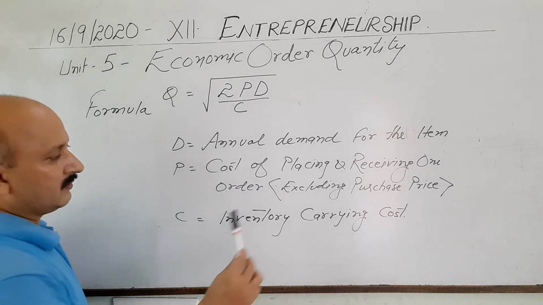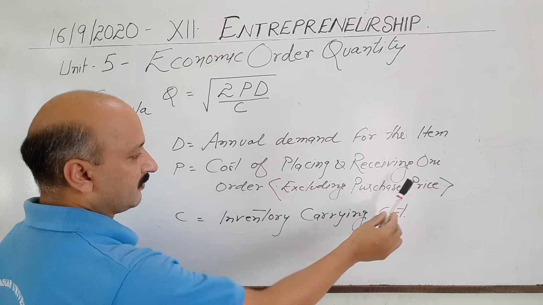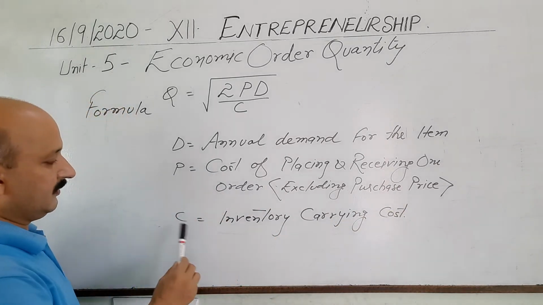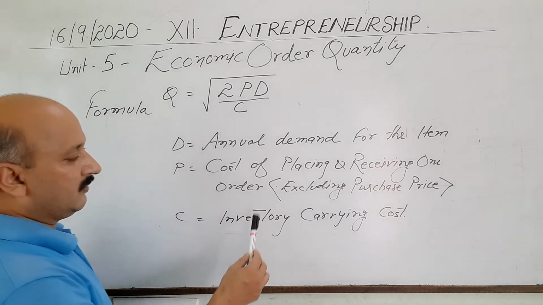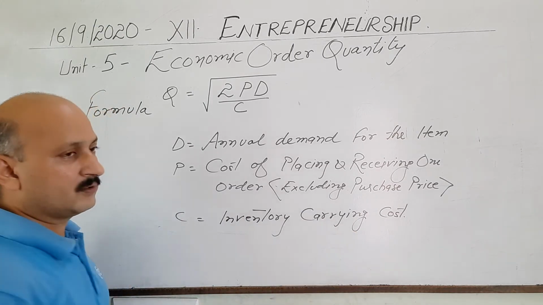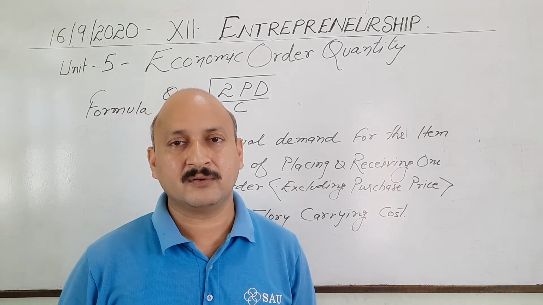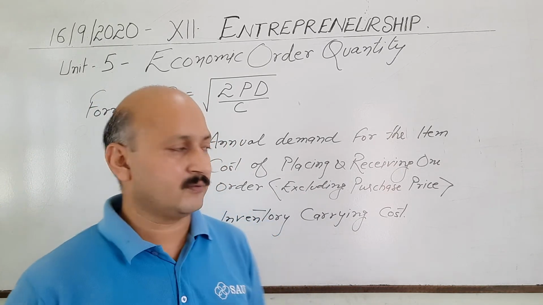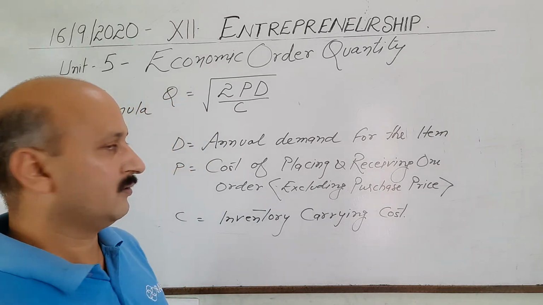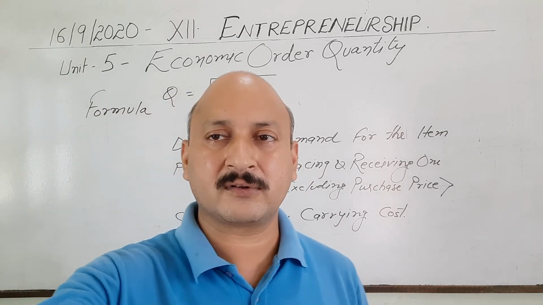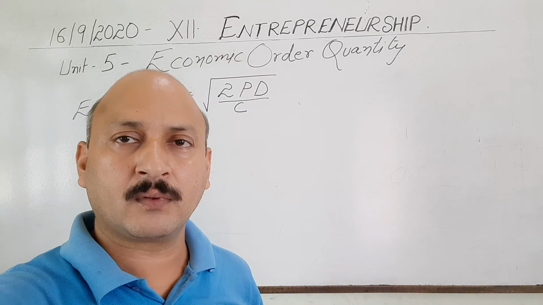So always remember, exclude the purchase price. Then next point is C. C means inventory carrying cost. Suppose we are holding the inventory for a long time period, so it may have some cost, so we will include that cost.